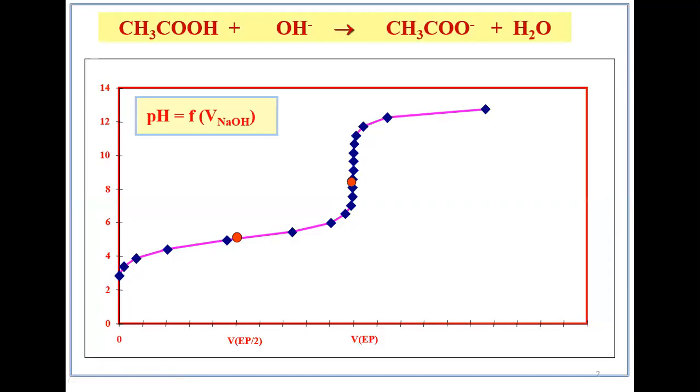All right, so first of all, I'm going to show you a graph where my x-axis is simply volume. We already saw that such a curve has a buffer region.